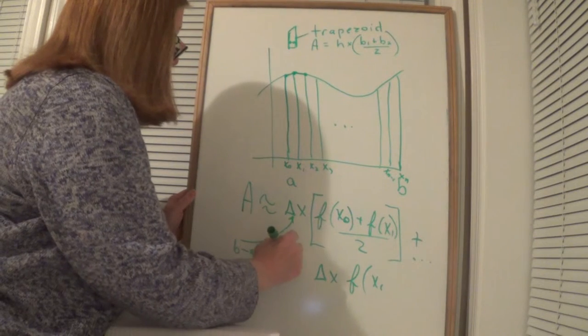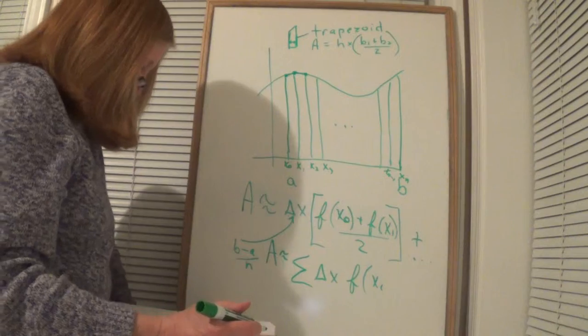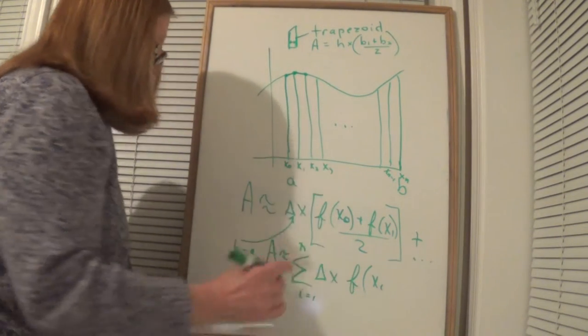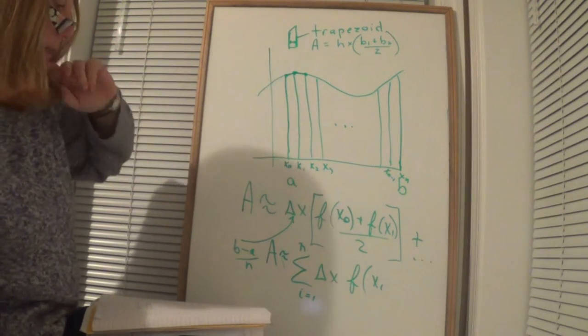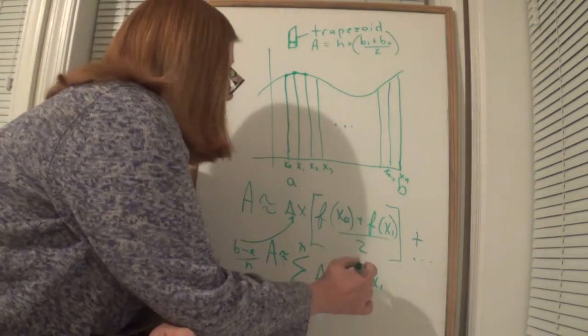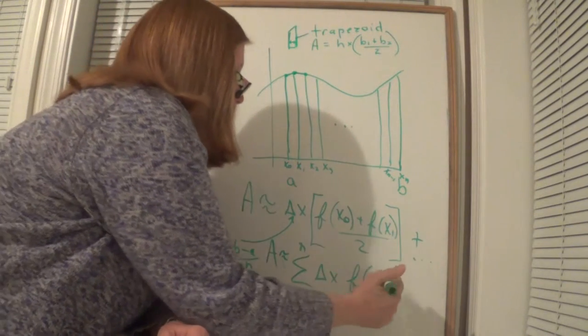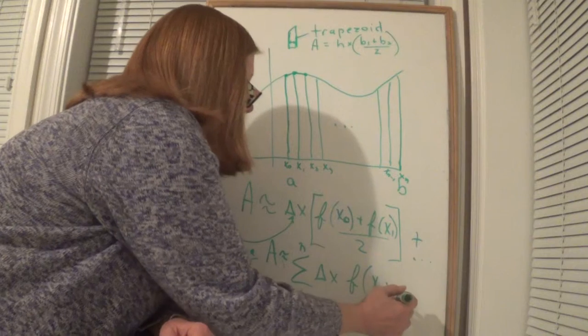All right. The summation as i goes from 1 to n. And we have change of x for our width. And now we need to add the bases and divide by 2. So I'm going to go function of, if I want f sub 0 and I start it with 1, I'm going to have to go f of x sub i minus 1.